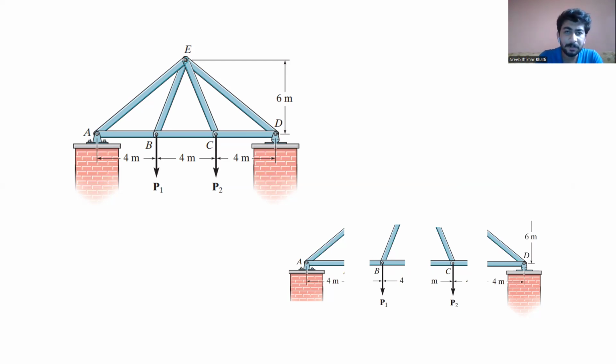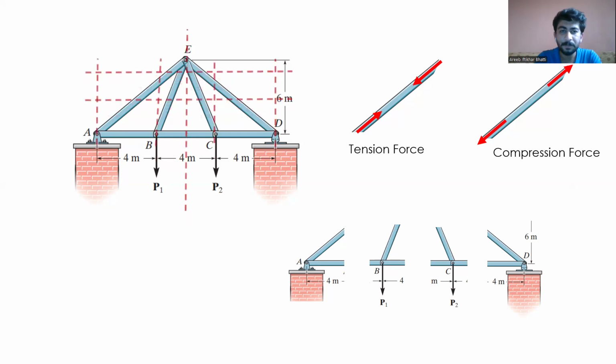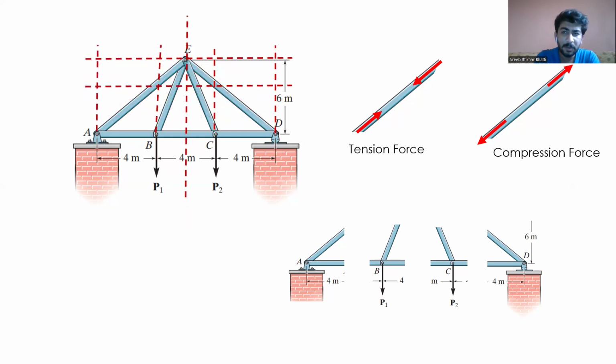In this example, we have to find the forces in all the members. So I am going to solve this problem by using the method of joints. Also note that in a member, two types of forces act: tension force and compression force. To solve this, you also have to find the angles which the members make.